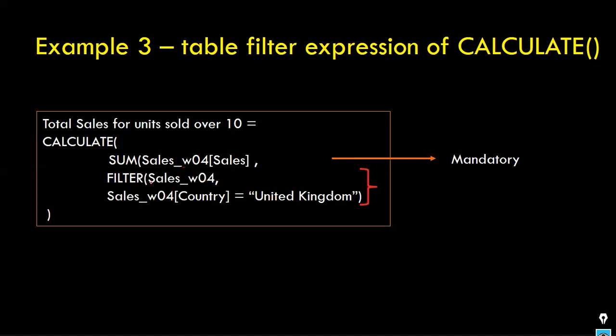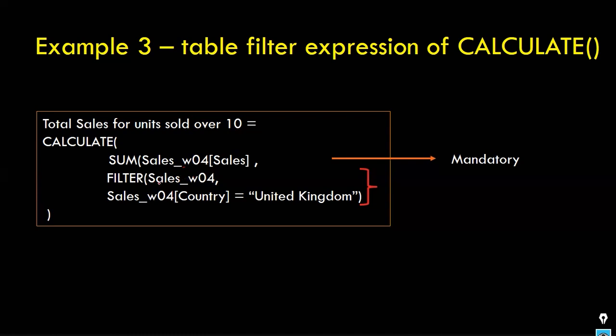Here the first argument for your filter function is your table name. As I discussed earlier, as part of the count family functions, the majority of iterating functions end with x. In this case, the filter function, though it doesn't end with x, also performs row by row computation.